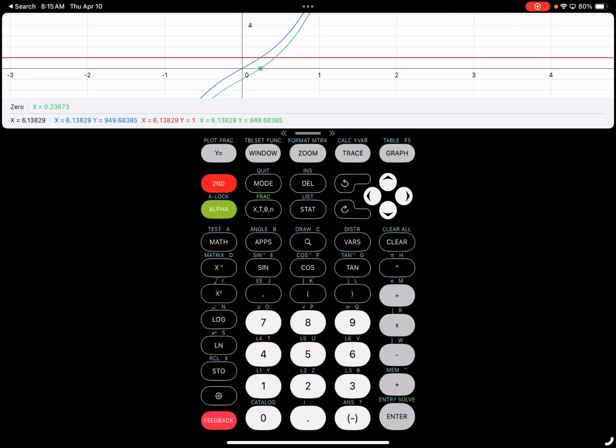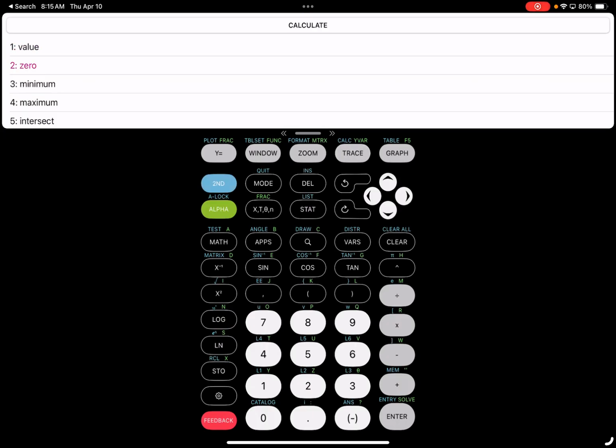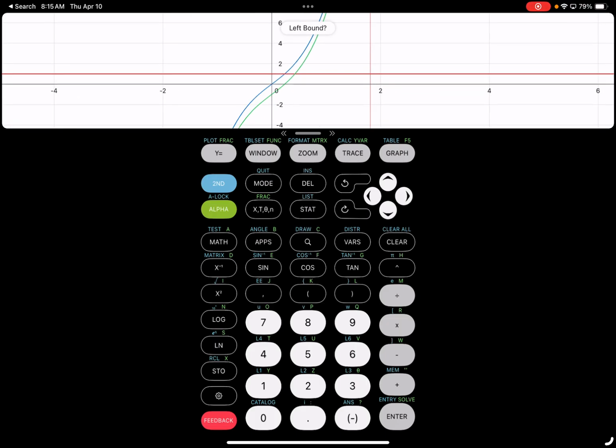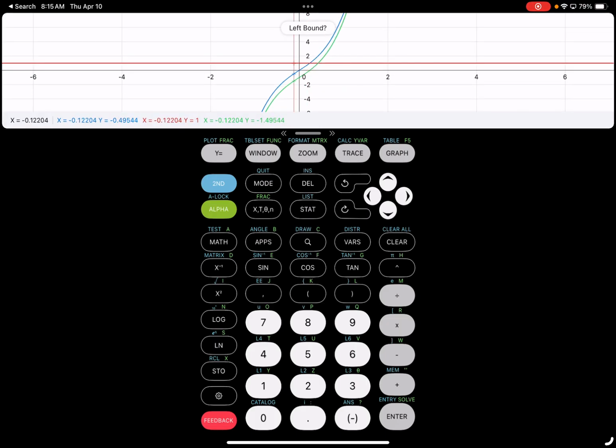Okay, so I'm going to do second trace. I'm going to do the green one. I'm going to do the 0. So you have to do a left bound on the green one. I like the intersect, honestly. You do? Okay, fine, whatever. Left bound a little bit to the left, which is below, a little bit to the right, which is above.